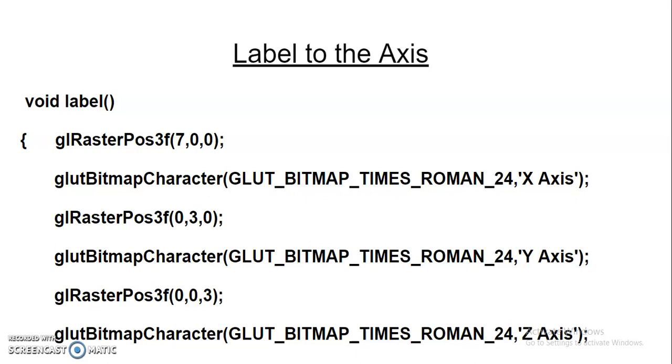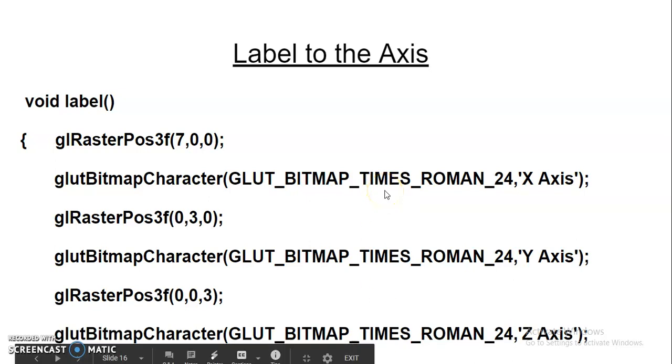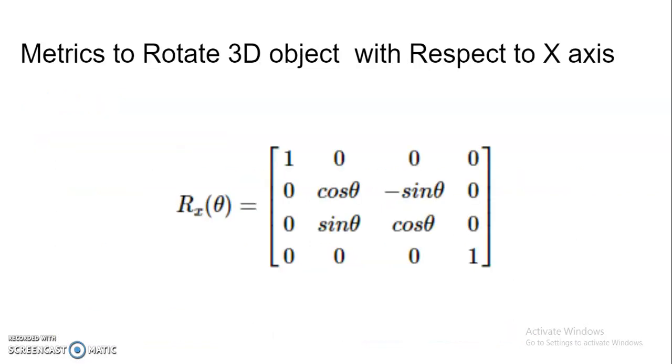In our case, we are saying that our font is Roman, our size is 24 and our label for X axis will be X axis. This process is for labeling the X axis. We will follow the same process to label the Y axis and Z axis. After completion of this function, all those axes will get labels.